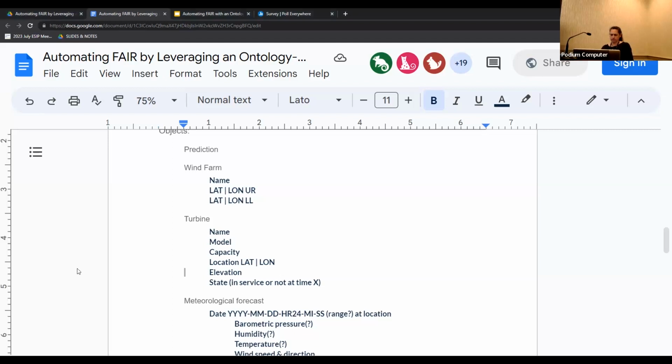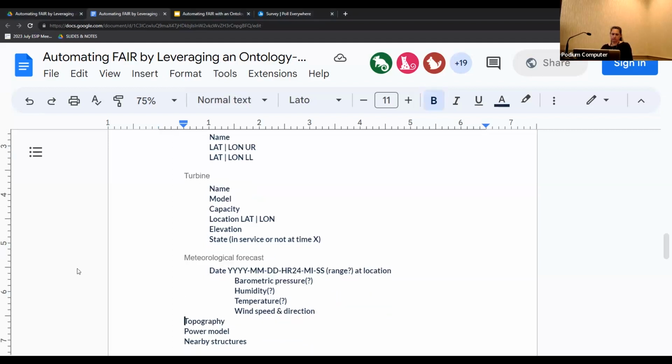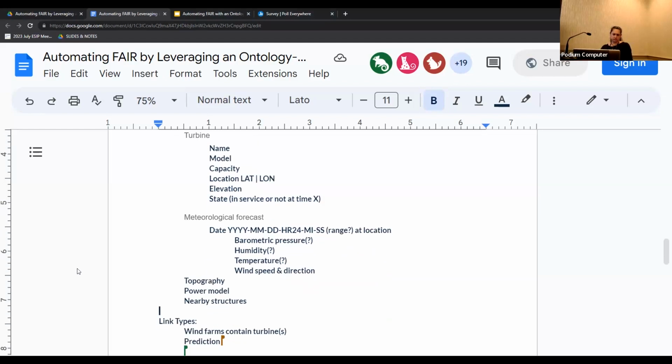The problem in our group was we didn't know a lot about many of these things. For example, it wasn't obvious whether the meteorological forecast was detailed enough that the topography was not important as an external entity and set of data. Clearly there has to be some sort of power model.